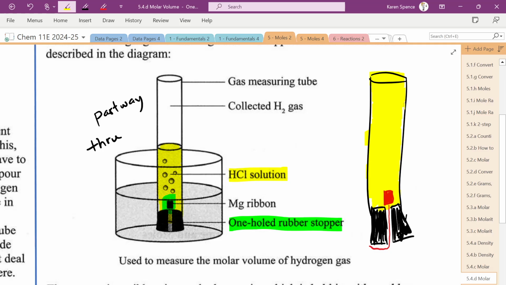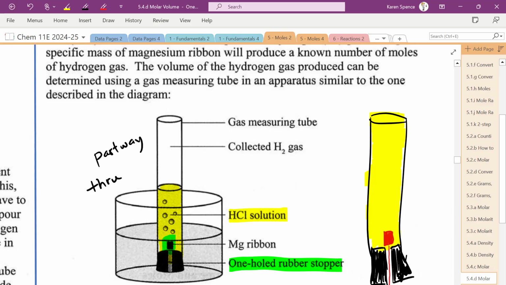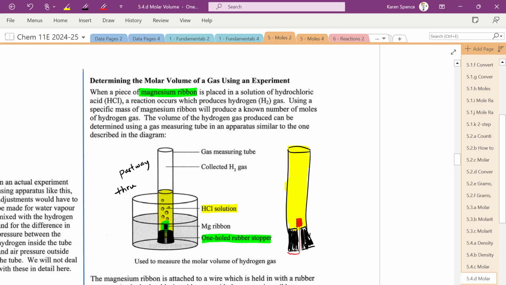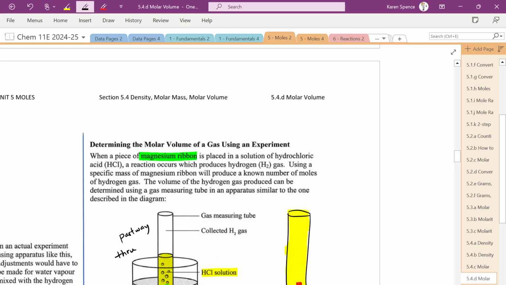Now, over time, what I'd like you guys to do is predict the products of, where is a good place to write the reaction? Up here. We have magnesium. What's its state? Solid. We have hydrochloric acid, HCl. What's its state?